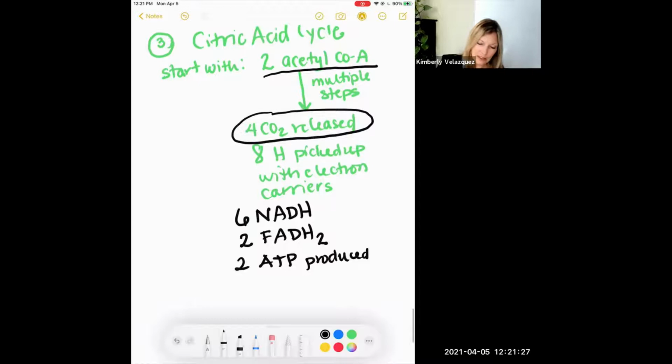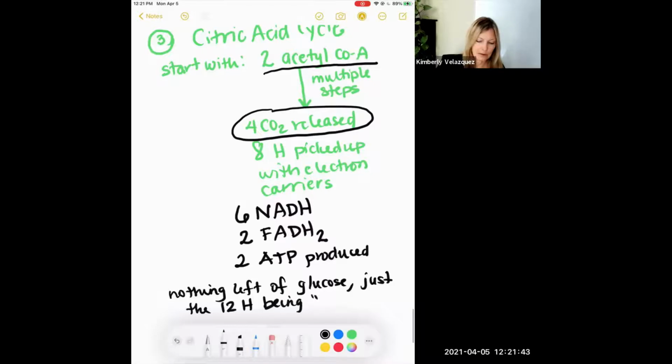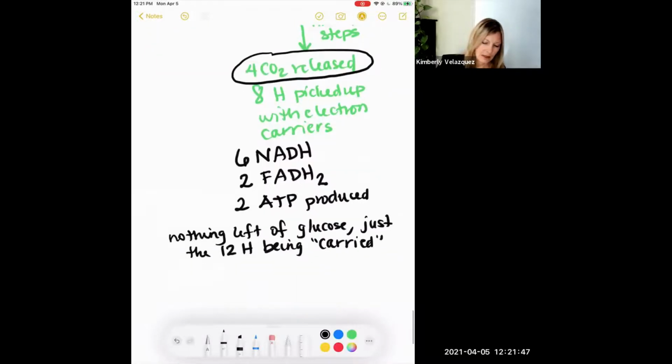And at the end of the citric acid cycle, nothing is left of glucose. Just all of the 12 hydrogens being carried by the electron carriers.